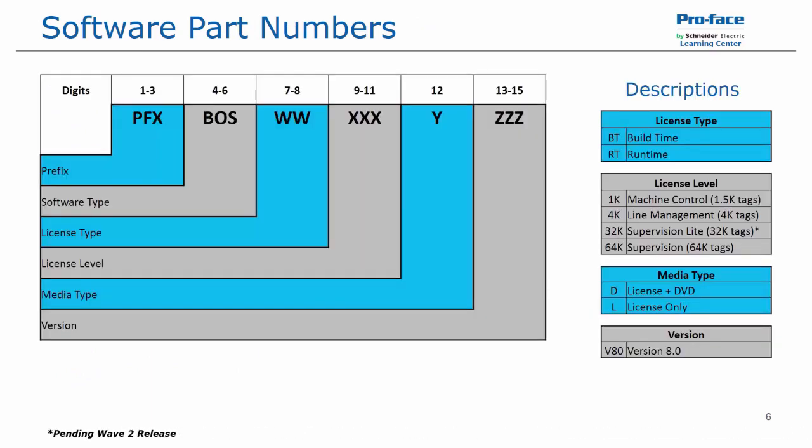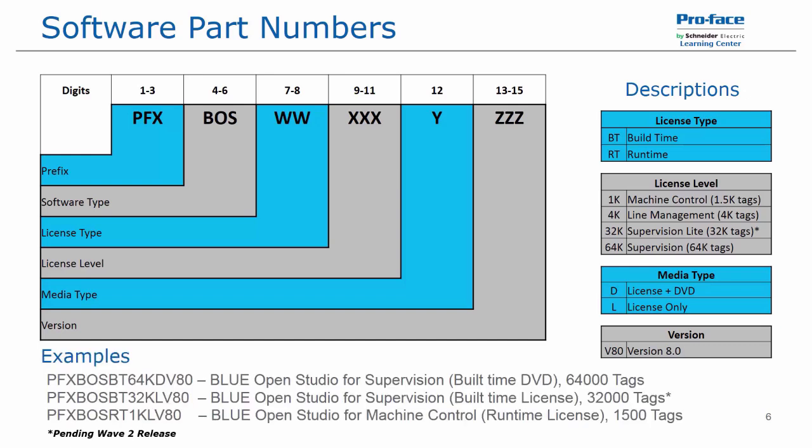Software part numbers. Currently, our software part numbers follow the same syntax as other ProFace parts. We have our prefix of PFX, then we have the software type, then the license type, license level, media type, and version number. And based on the table on the left-hand side and the descriptions on the right-hand side, we can easily configure part numbers that we need.